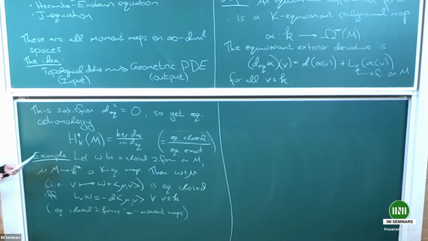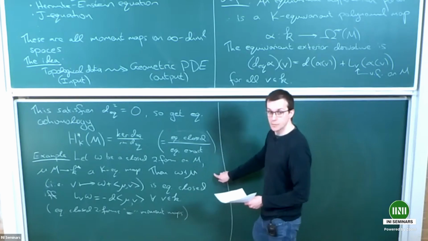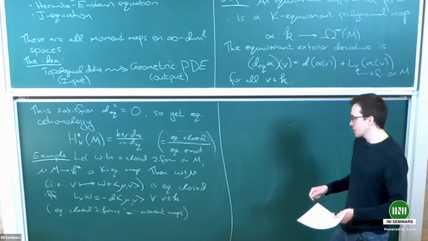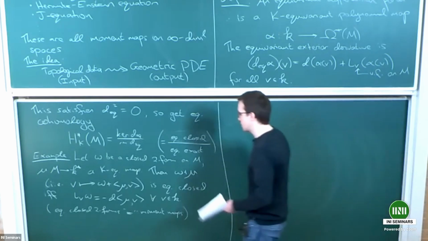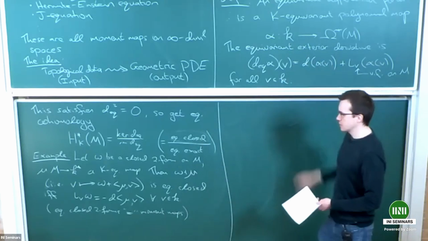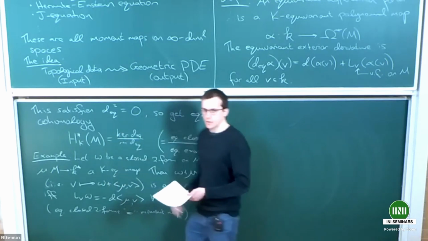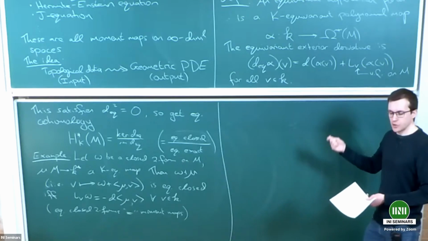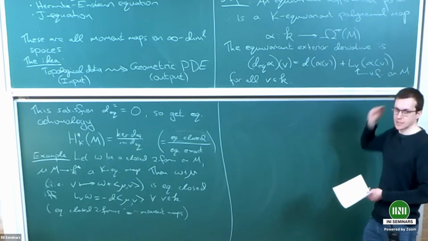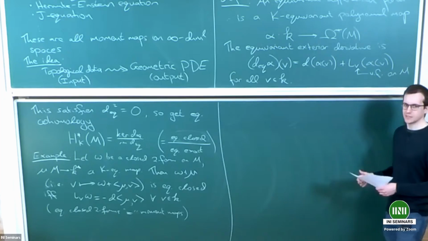That's an equivariantly closed form because mu is a degree 1 polynomial, but degree 1 as a polynomial means degree 2 in the equivariant cohomology ring. So that's basically just how you define the degree in equivariant cohomology.